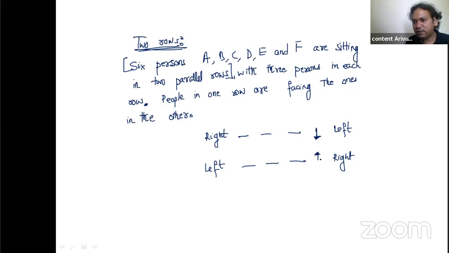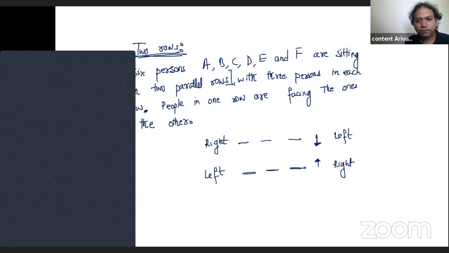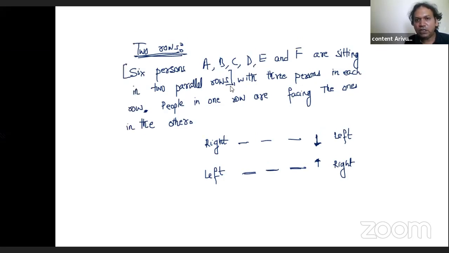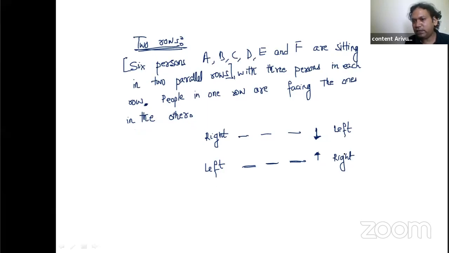So they're facing each other. The one in the bottom row, for them, right is towards our right, that is east, and left is towards our left, that is west. And in the top row, right and left will interchange. Once the initial setting is done, you will be able to approach and solve the question.